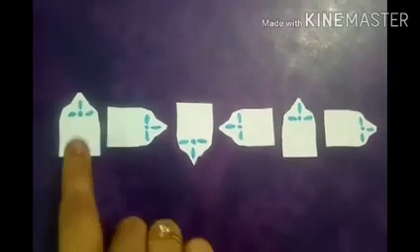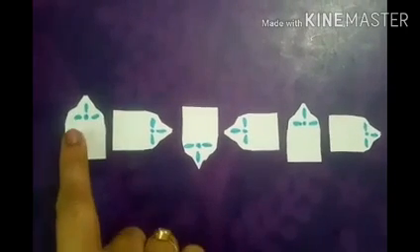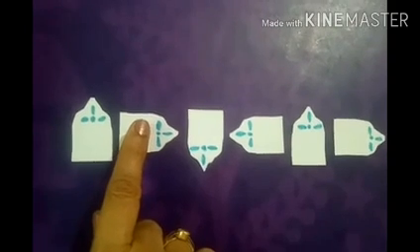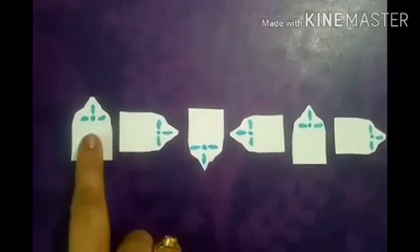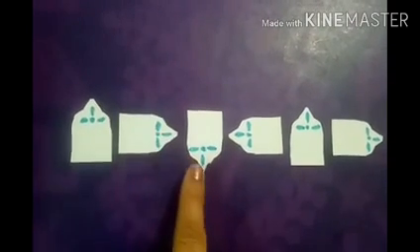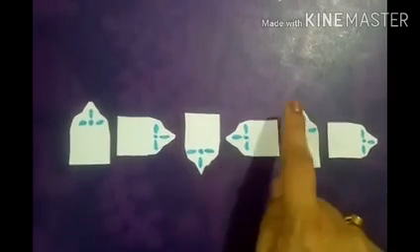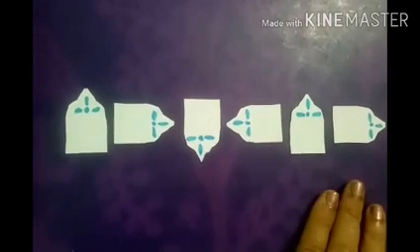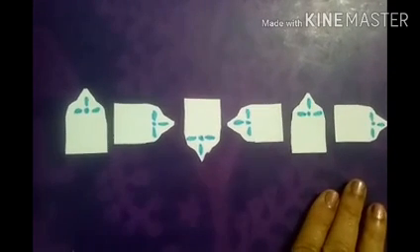What is the rule? Each motif is turned 90 degrees, which is called 1/4 turn. So up, then right, down, left, up, right, the next one will be down, then left. So this is again a pattern formed.